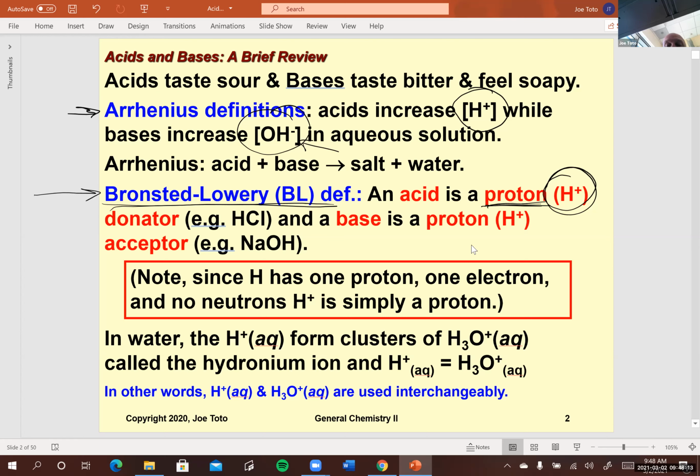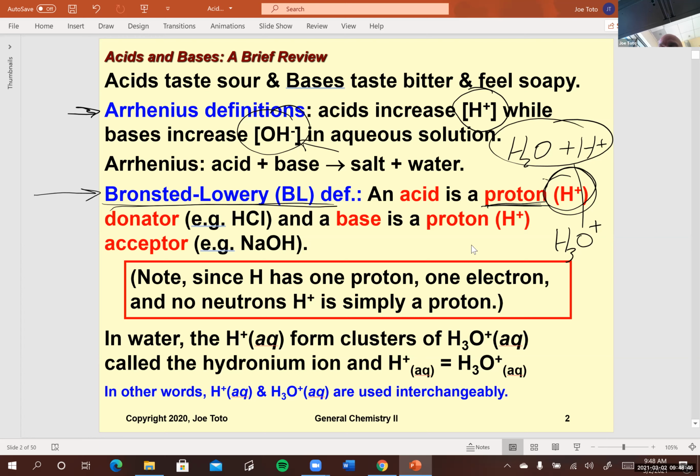And also when in water, we notice that H plus doesn't really exist all by itself floating around in water. It makes what's called oligomers, or other molecules with groups of water on it. So really H2O hangs on to that H plus, and what we get is the hydronium ion, H3O plus.